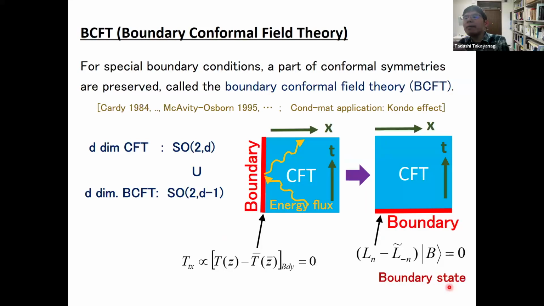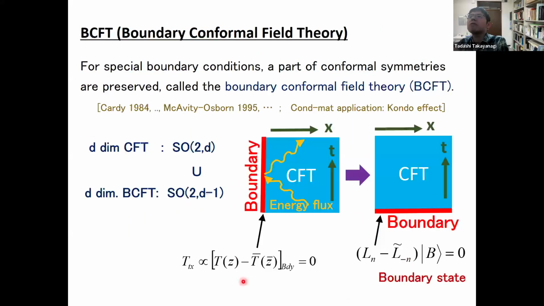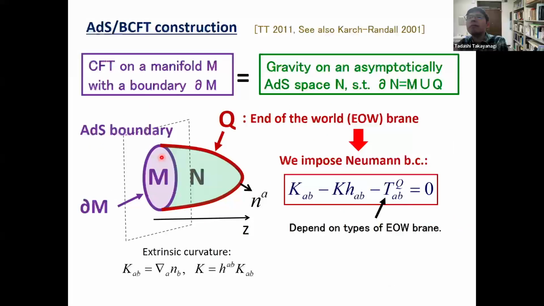However, this is the strict definition of BCFT. But when I talk about AdS/BCFT, in general we can take this T_Q to be arbitrary, as long as it satisfies a positive energy condition, like the null energy condition. In that case, in general, it breaks this symmetry. Roughly, I'm still calling that BCFT because it's just some CFT with a boundary. But there is a very nice class among them that preserves conformal symmetry.